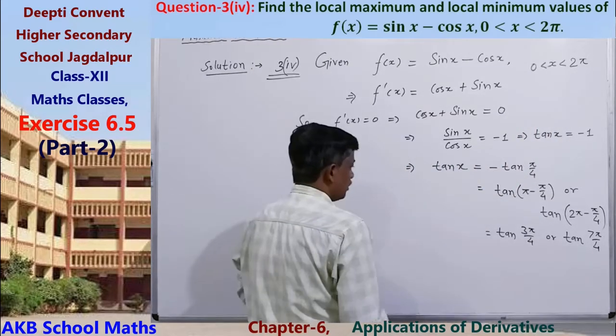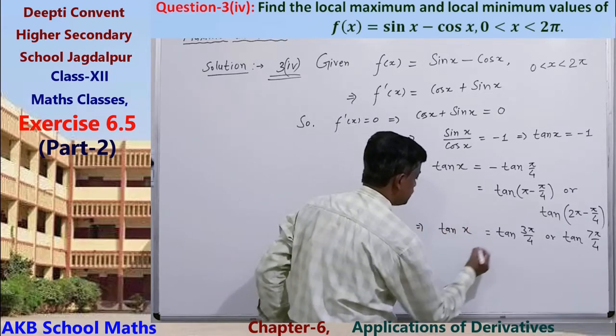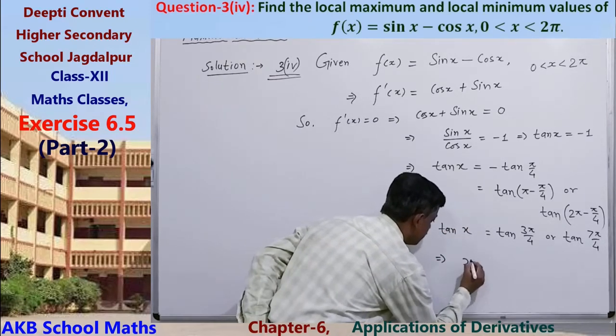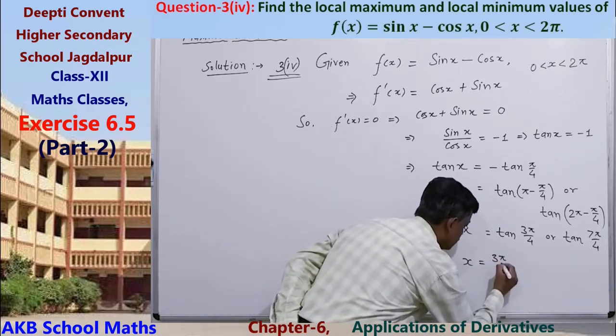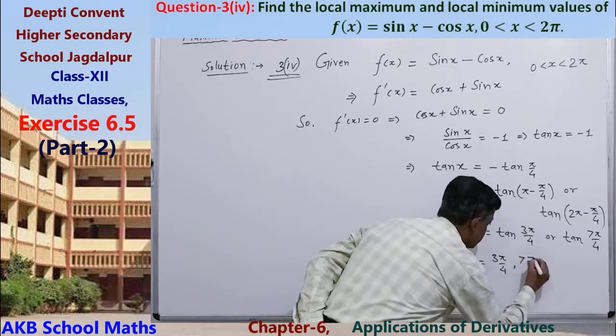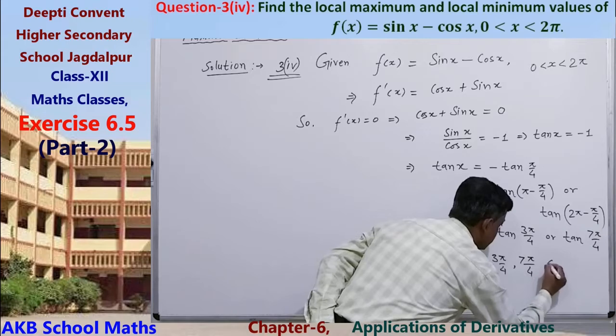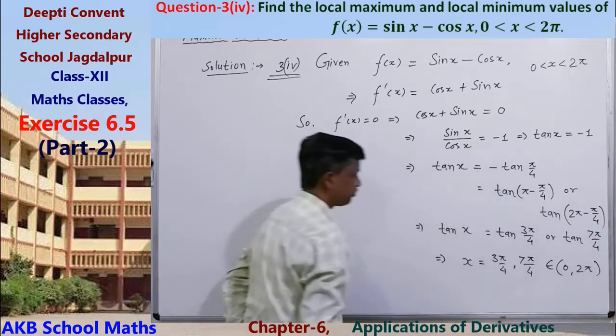So tan x equals to this implies x equals to 3 pi by 4 and 7 pi by 4 belongs to 0 to 2 pi.